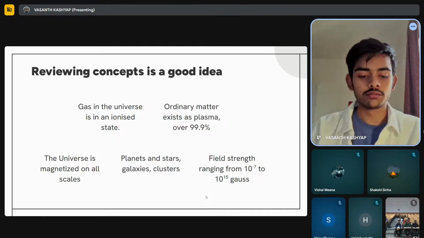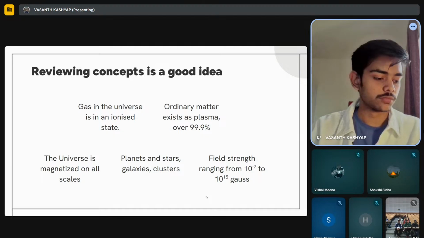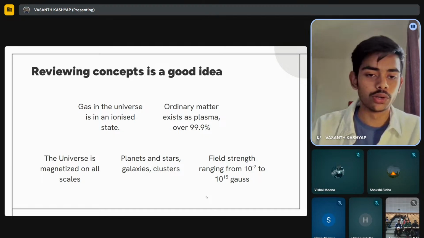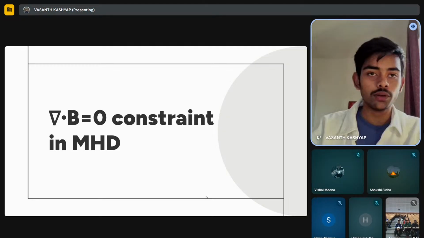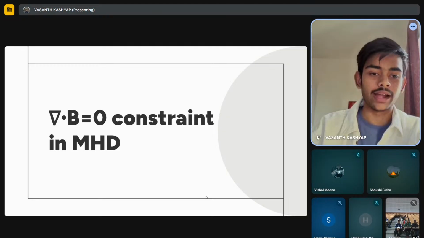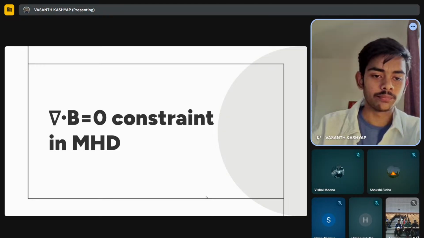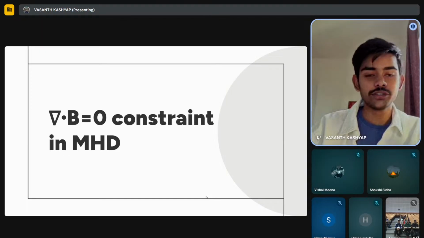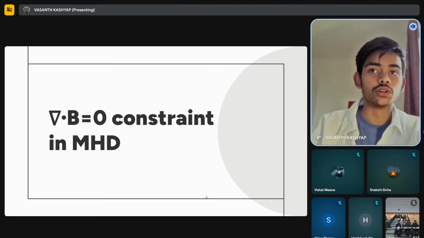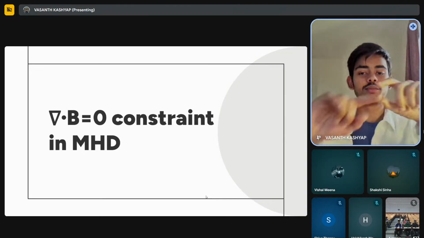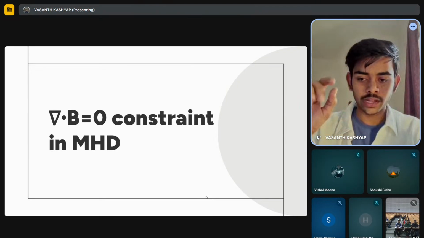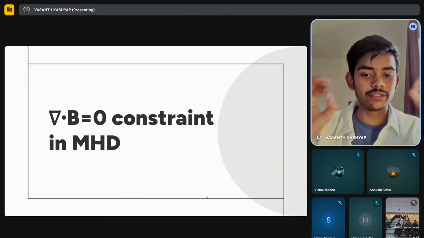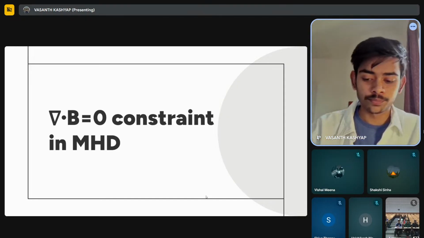How do we describe this? How do we predict how this fluid is going to evolve? So that is the whole point. And we have to always keep in mind the divergence of the magnetic field is zero. Always. Okay. So magnetic monopoles don't exist. They must always form closed loops. And we have to ensure they form closed loops even in our simulations. Okay.